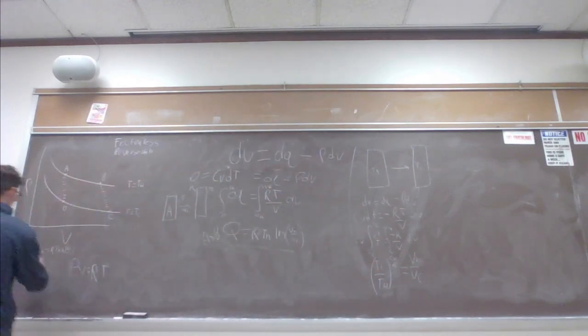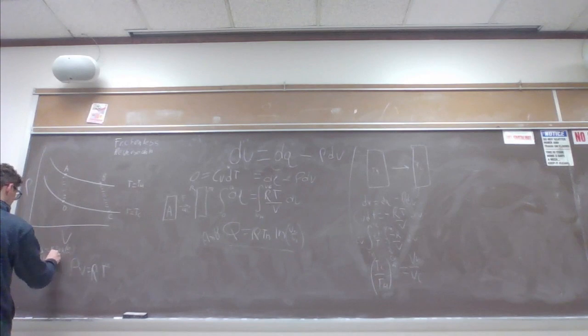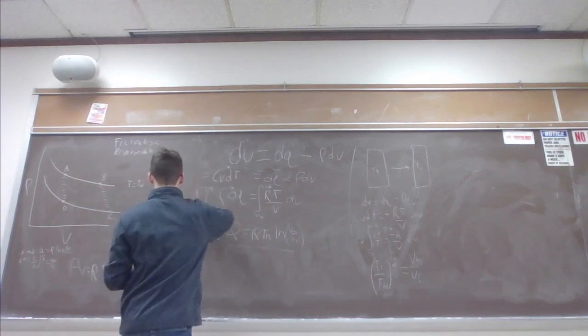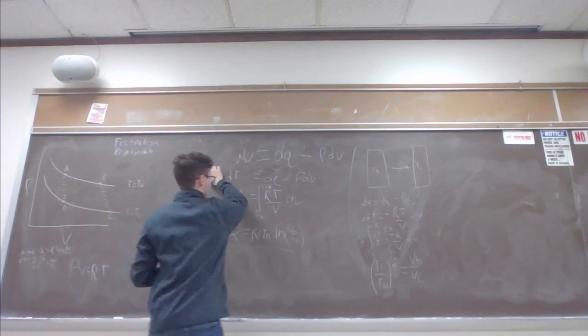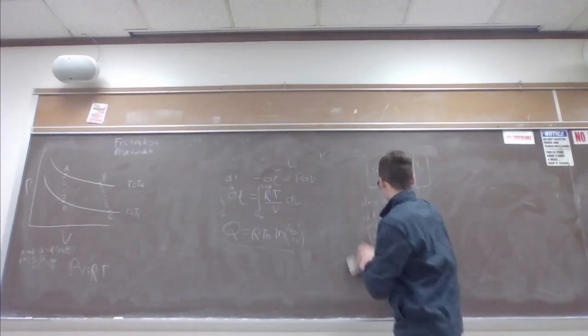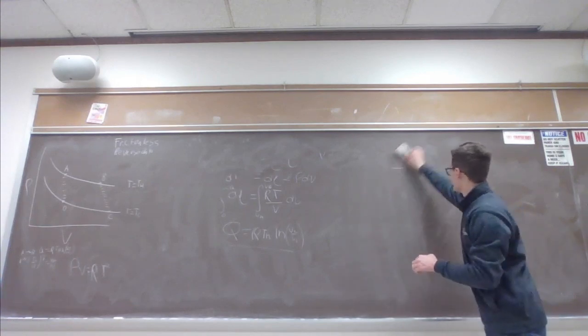And that's A to B. And now from B to C, we have TC over TH to the CV over R, and that equals VB over VC. So this may seem strange, but it all is important in the long run. All right.